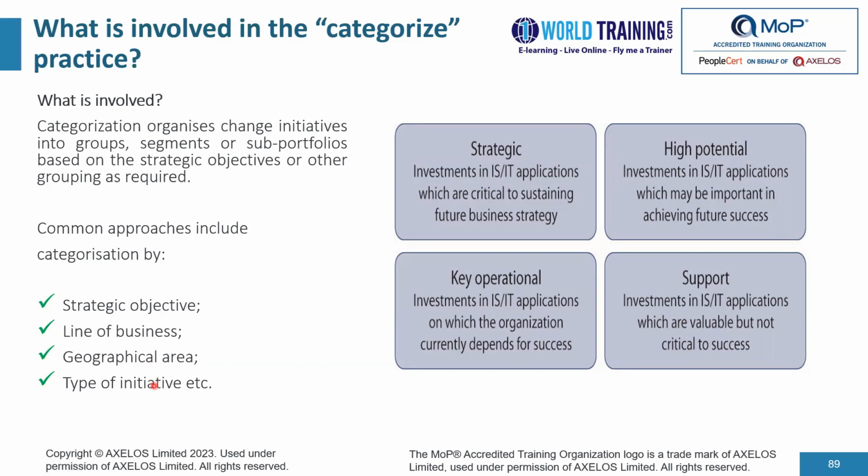Is it a process improvement initiative? So you could classify the initiatives by the type. On the right side, we have an example of one of the universities in UK. They classify their projects into strategic, high potential, key operational, and support. So depending upon the needs of the organization, you could choose categories that are relevant for yourself.